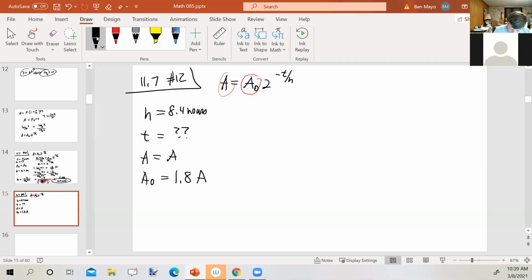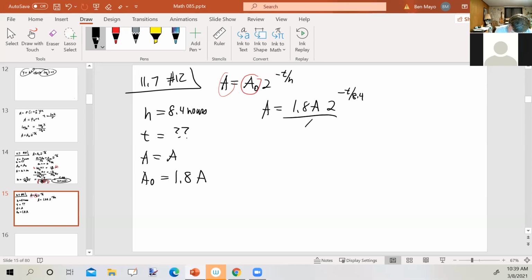Okay. So now, instead of replacing A with some amount of A sub 0, we're going to replace A sub 0 with some amount of A. So our equation is going to be A equals 1.8 A 2 to the negative T over 8.4 power. Okay.